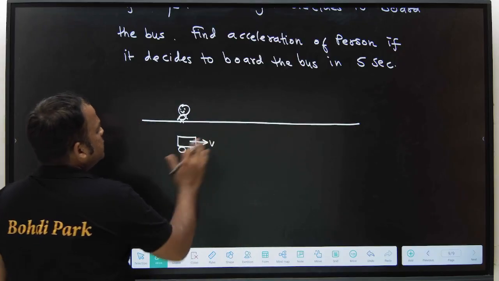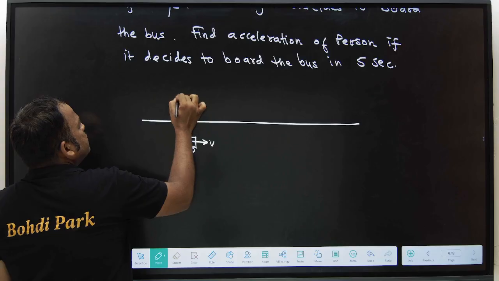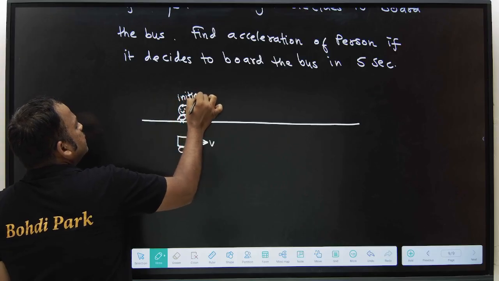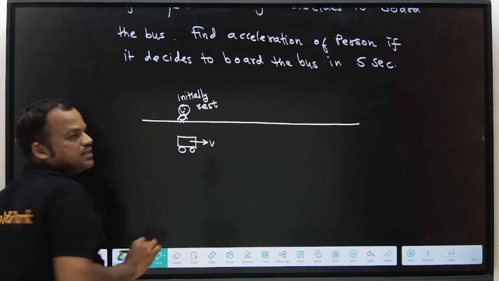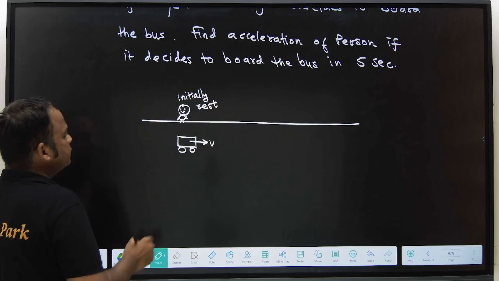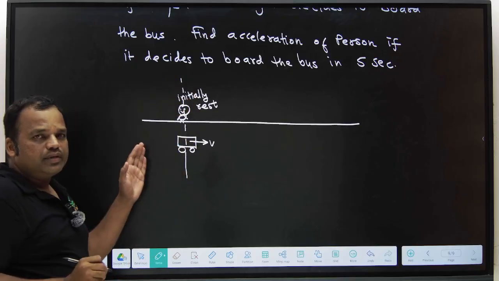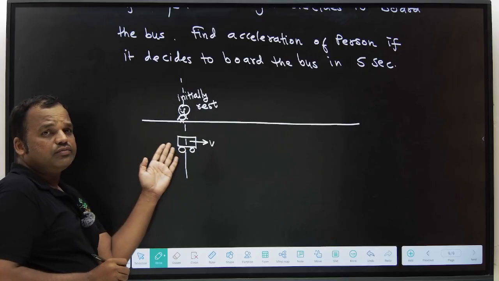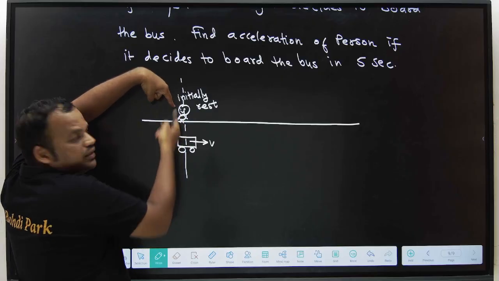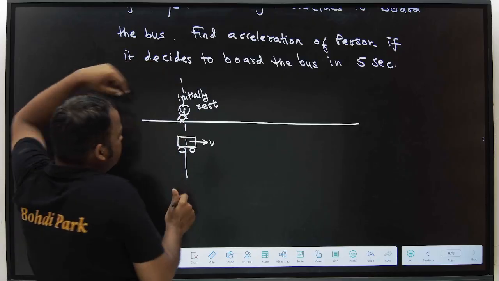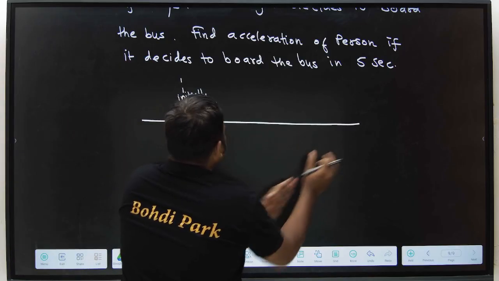The velocity of the bus is v, and the initial velocity of the passenger is 0. The passenger is at rest initially. The moment the bus came in front of the passenger, the passenger and the bus are at the same point. The bus is going with constant velocity.